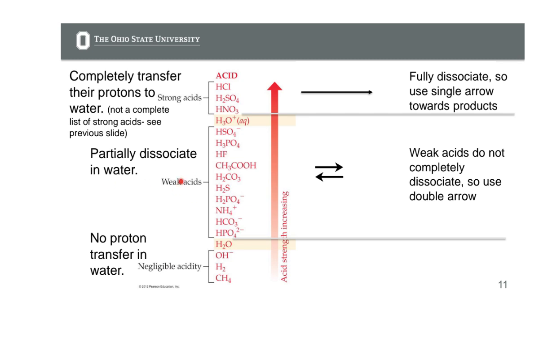Our weak acids are those that are going to partially dissociate in water, and again, we're going to use those equilibrium arrows. They don't completely dissociate. When we put those in solution, we're going to have some unprotonated, some protonated. So protonated means it has the proton on it.